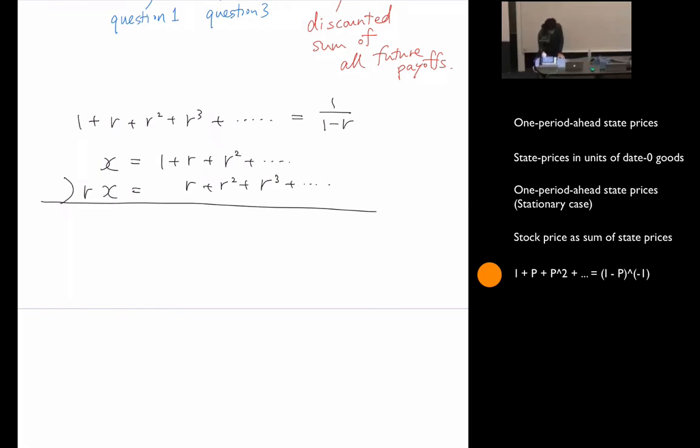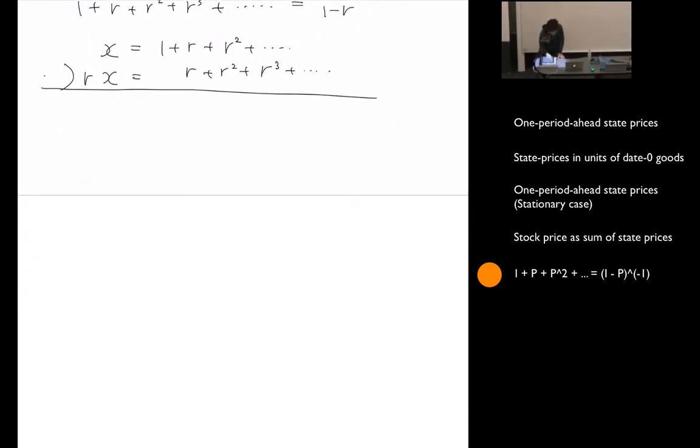And then subtract the second equation from the first, and you have 1 minus R times X is equal to the right-hand side; the only difference is this 1. Everything else cancels out. So you have 1 minus R times X equal to 1. So X is 1 over 1 minus R, as long as this infinite sum converges. Yeah, you got this. You did this in high school.